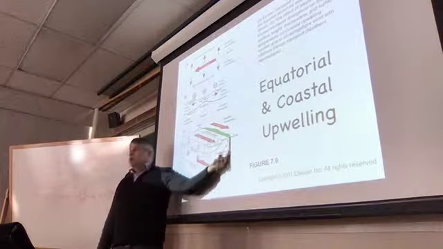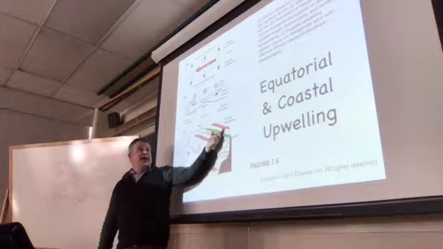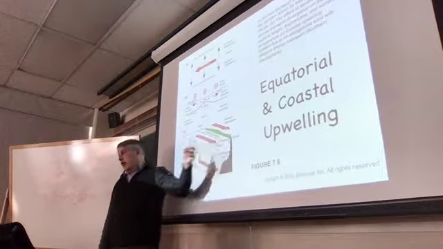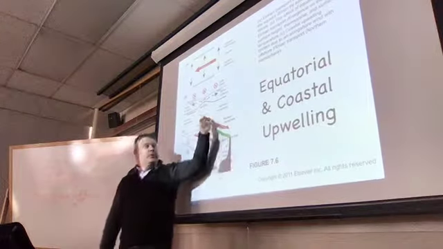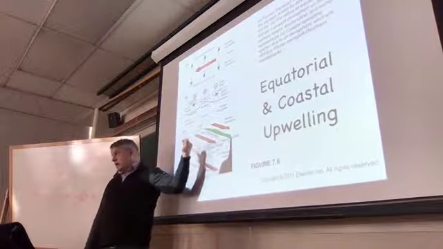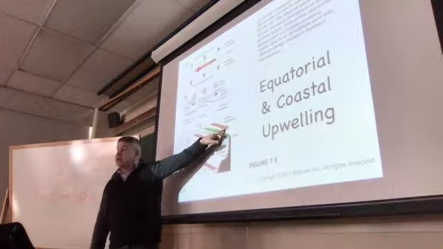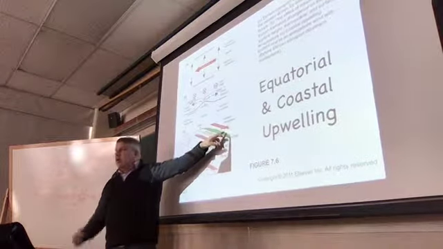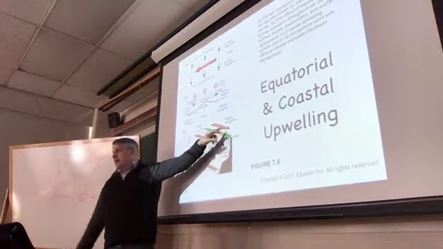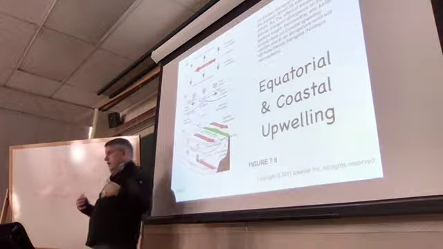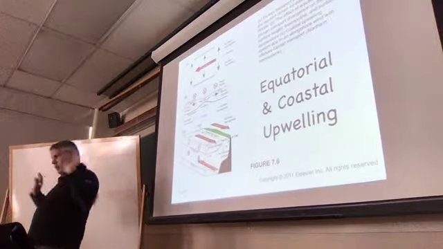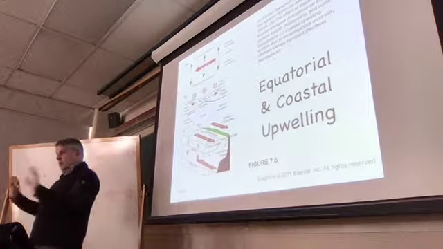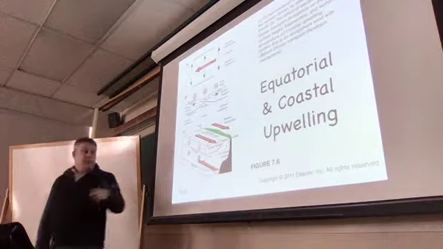So you get coastal upwelling when you have an alongshore wind. If we did it in the southern hemisphere, the alongshore wind would be going the other way to drive it off. In both cases, this is an equatorward wind that is driving upwelling. A poleward wind would drive downwelling. It would push water onto the shore.